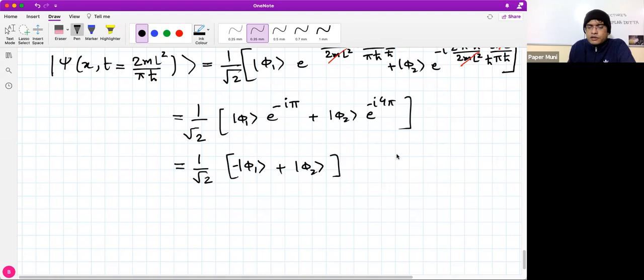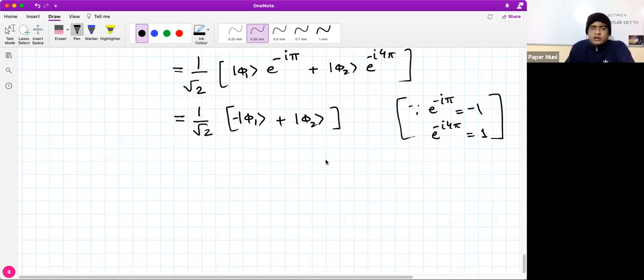All right, so we know that e to the power minus iπ is minus 1, and e to the power minus i4π is equal to 1. All right, so we get the equation at this point.